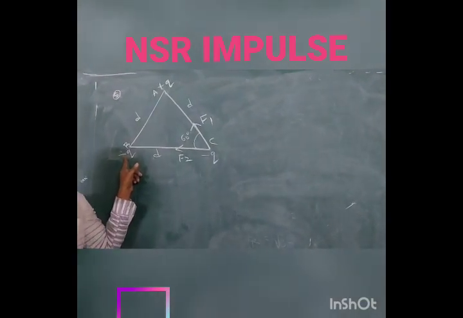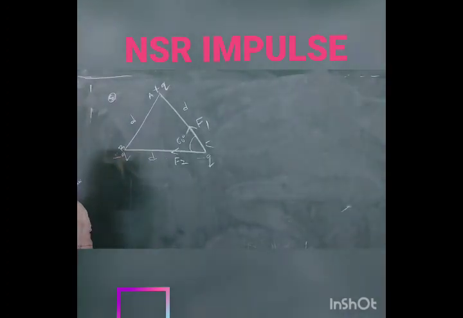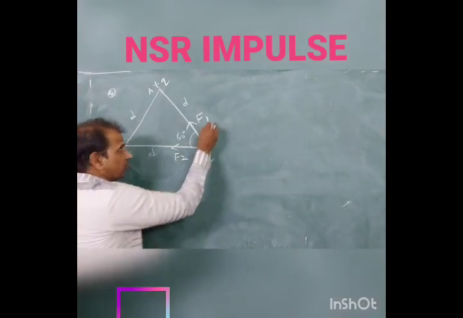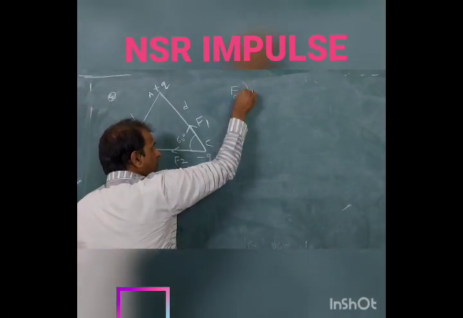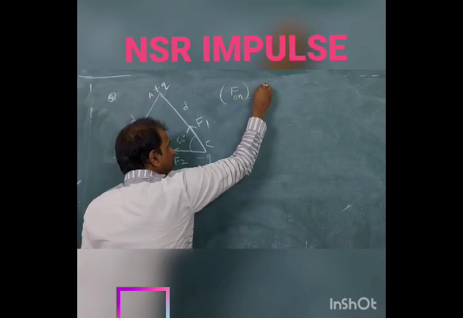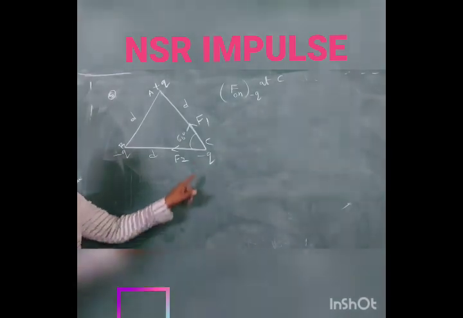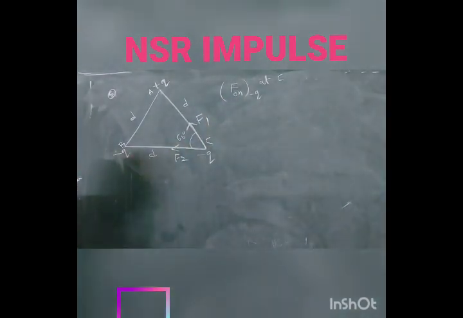Positive Q is replaced by negative Q. Then the question is, what is the force on the minus Q charge kept at C? That is the force to be calculated.